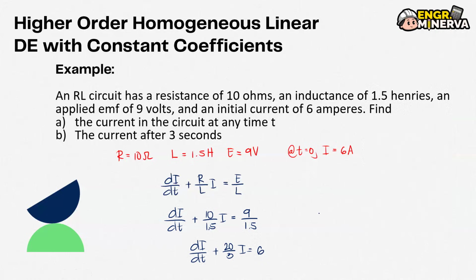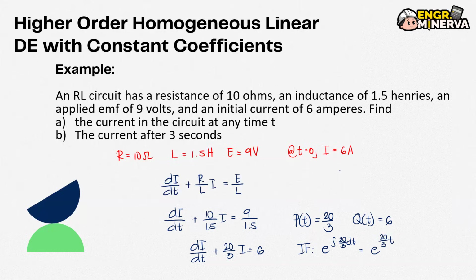We will need to find our P of t and our Q of t. Our P of t here is the coefficient of the term with only i raised to 1. That would be 20 over 3. Our Q of t would be 6. And our integrating factor would be e raised to the integral of 20 over 3 dt, which is equal to e raised to 20 over 3 t.